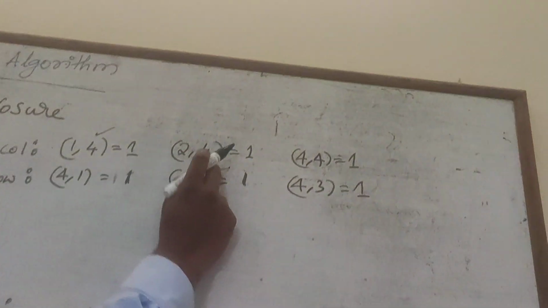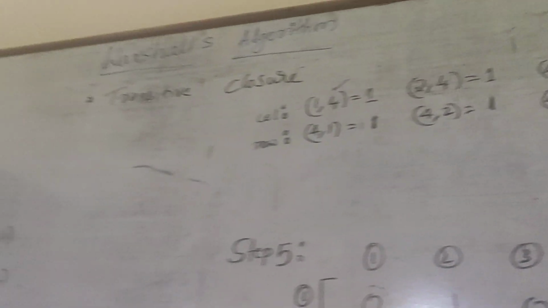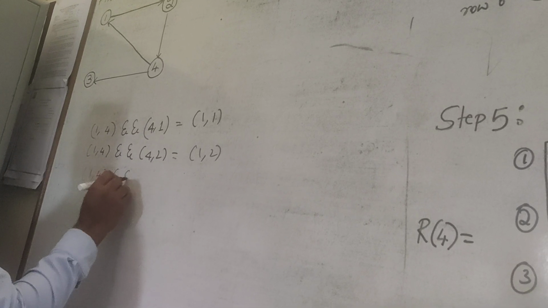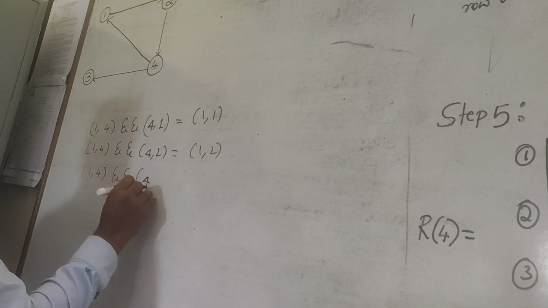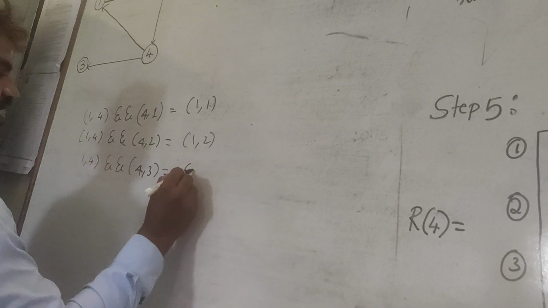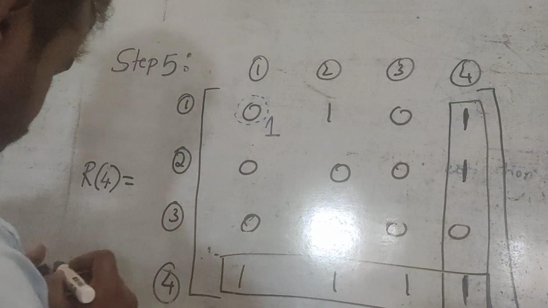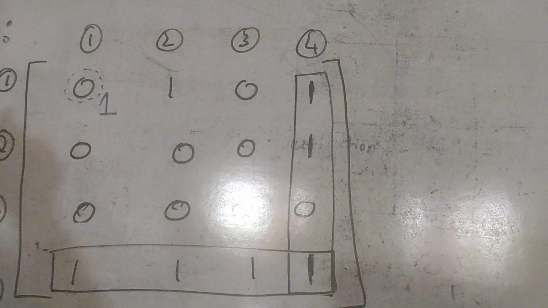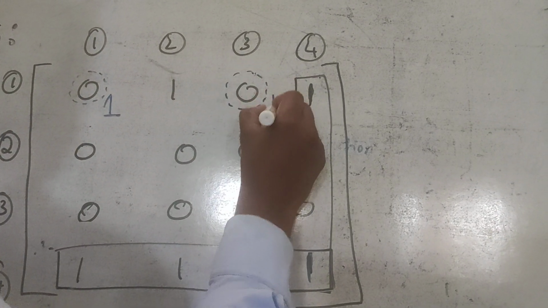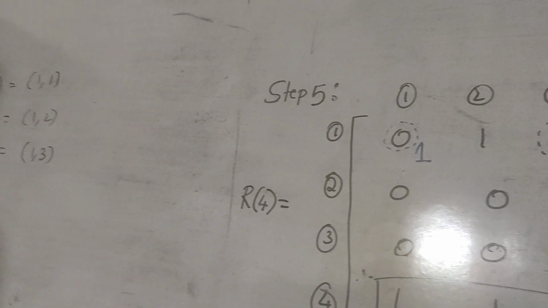Next combination: 1 to 4 and 4 to 3. Then we say 1 to 3. What is 1 to 3? 1 to 3 is 1. Next one.